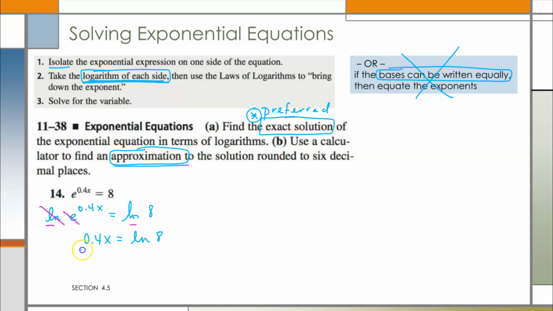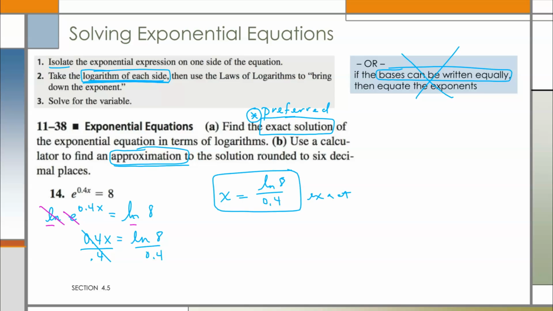All right, to move over our 0.4, since this is a multiply, we're going to divide both sides by 0.4, and so we end up with a final solution. x is equal to the ln of 8 all over 0.4. This is the exact answer, and the exact answer is what we want to report.